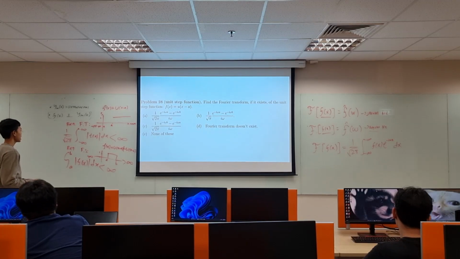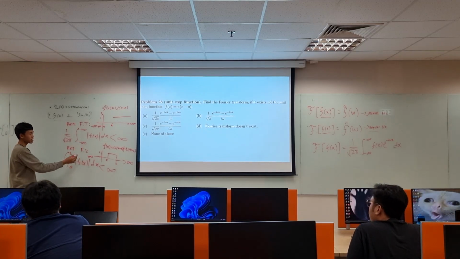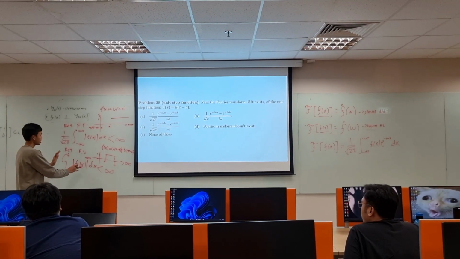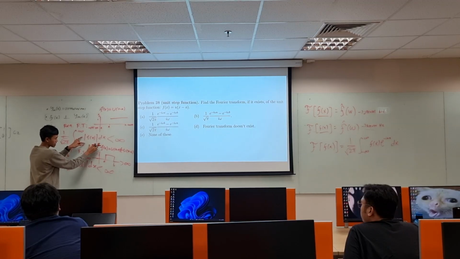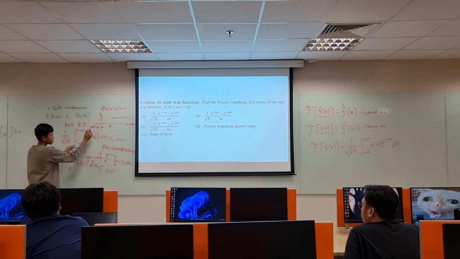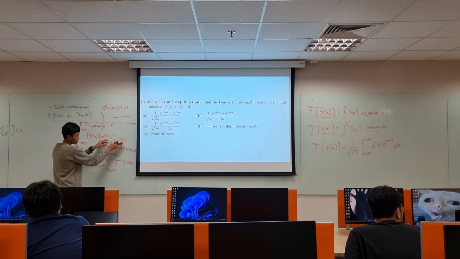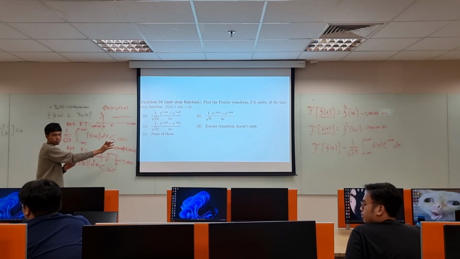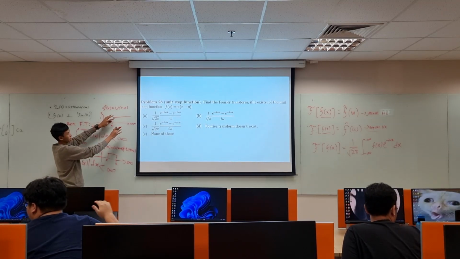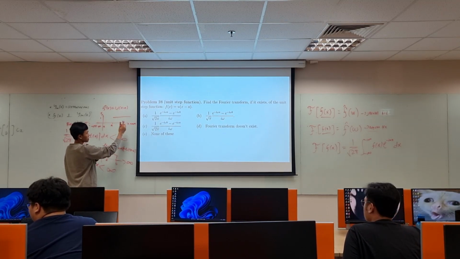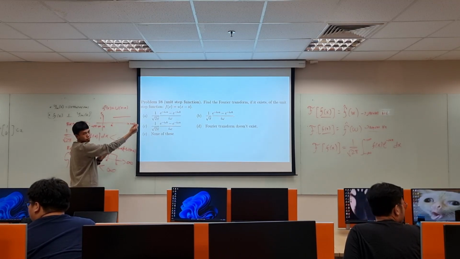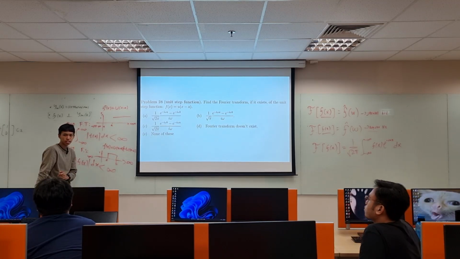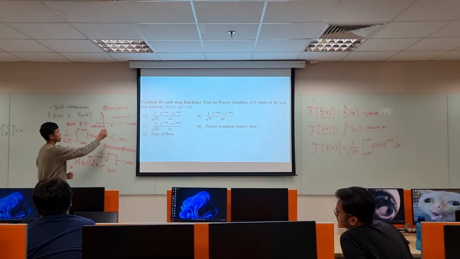So what is the definition of the integral? It's the area under the curve, right? So the area under the curve of the absolute value of this function, from minus infinity to infinity, must be less than infinity in order to be able to do the Fourier transform. So u(x minus a), from a until infinity, becomes 1, so it doesn't stop.